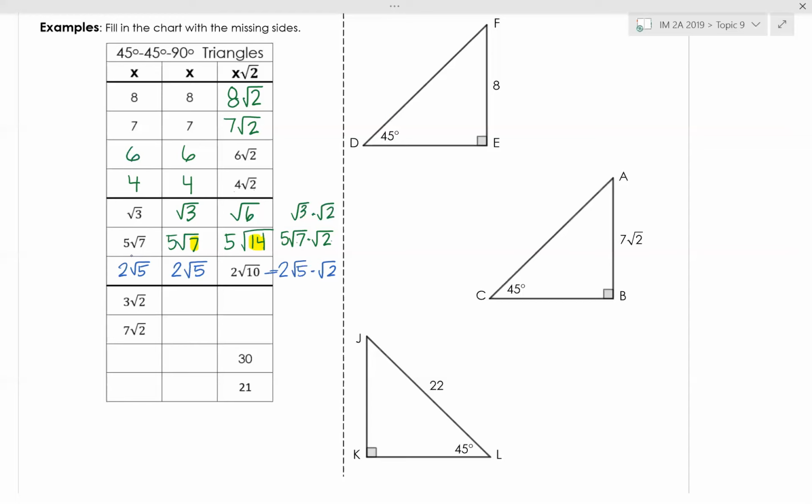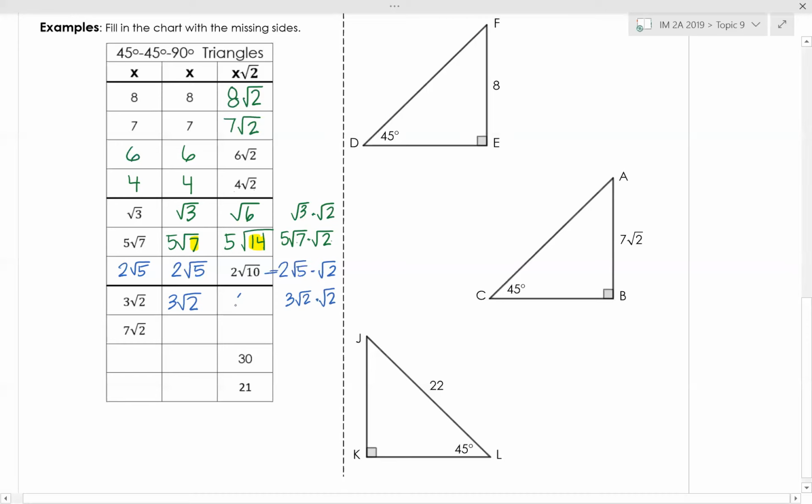So then for the next one, it's kind of like the first two that I had in that previous set, where I know x. So if x is 3 radical 2, then this one's also 3 radical 2. And then if I multiply 3 radical 2 times radical 2, those radicals cancel. And that's like having 3 times the square root of 4.